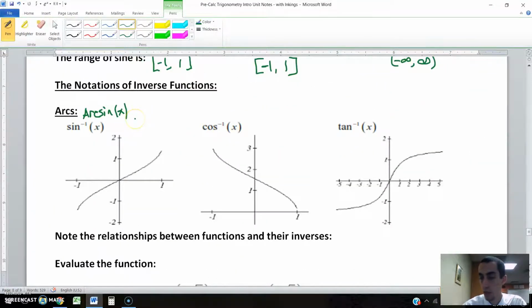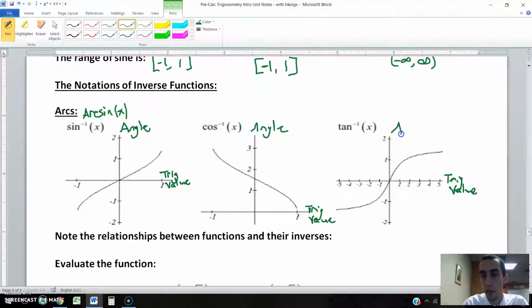If you put the trig value back into the inverse, it will give you the angle back out. And that's true for each of these trig functions. You put the trig value in, and it will give you as an output the angle that corresponds to that trig value. Put the trig value in, angle out.